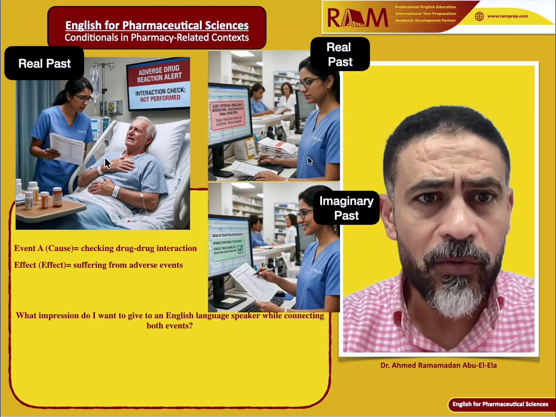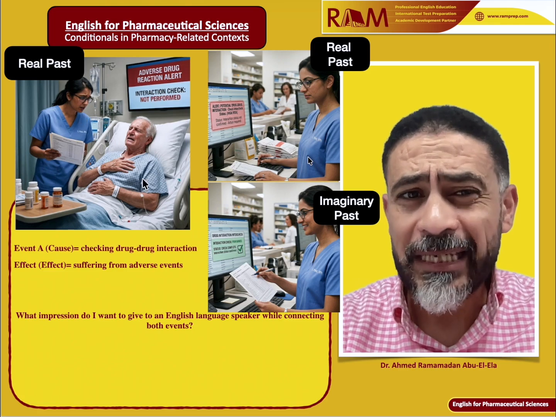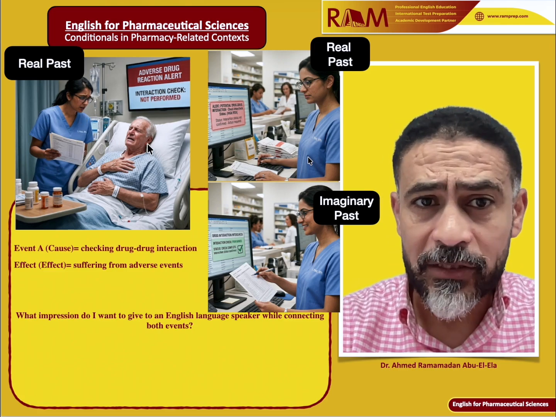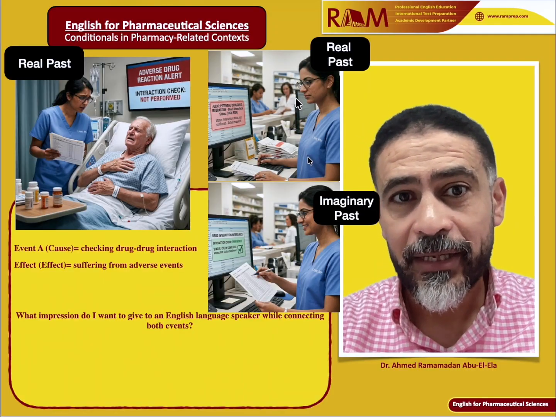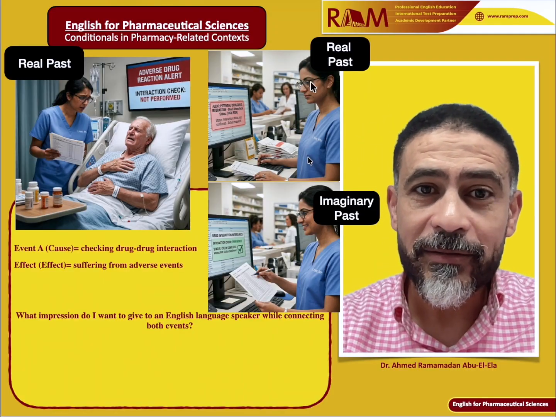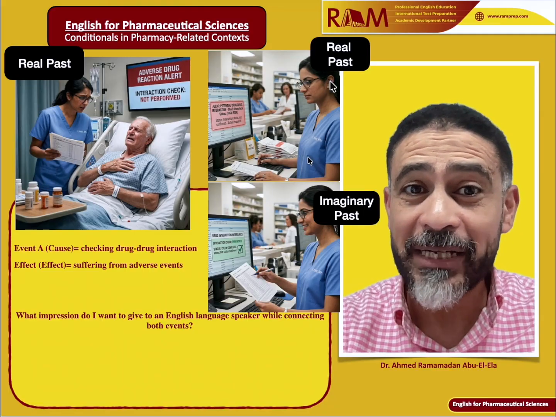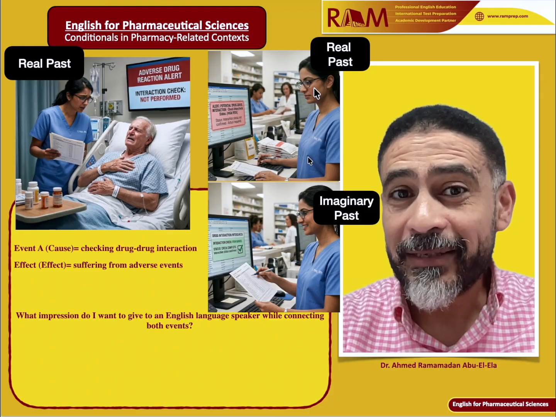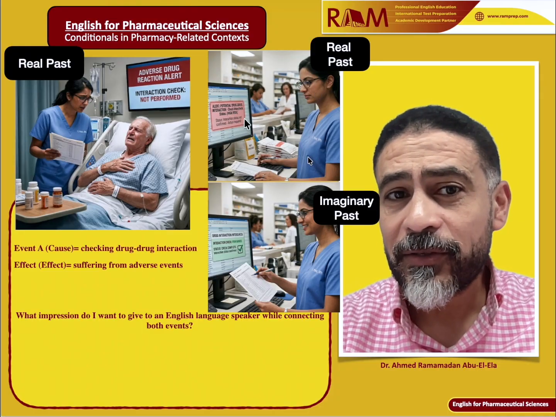Okay, but before this scene that happened in the past, something had happened before it. The real thing before that event, both are in the past, is that maybe this pharmacist hadn't checked the adverse effects.